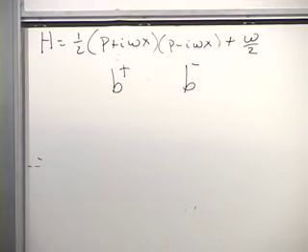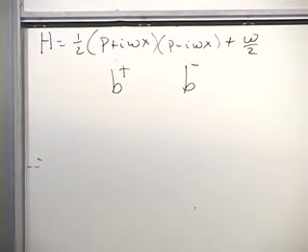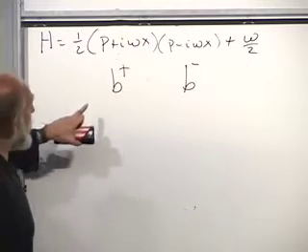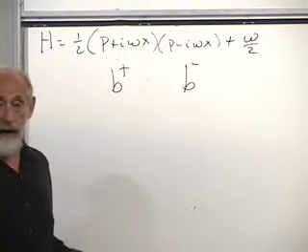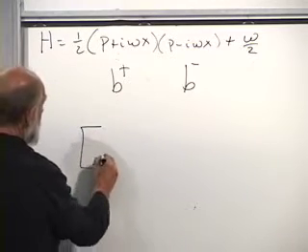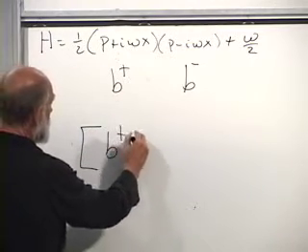First of all, B plus and B minus are Hermitian conjugates of each other, classically complex conjugates of each other. That's an interesting fact. Next, they have some interesting commutation relations. Let's compute the commutator of B plus with B minus.